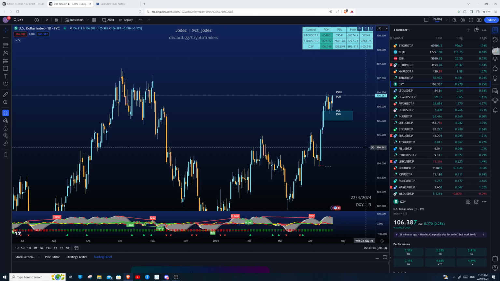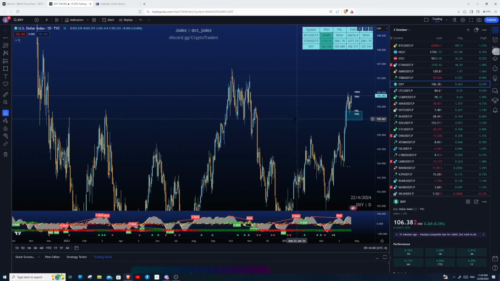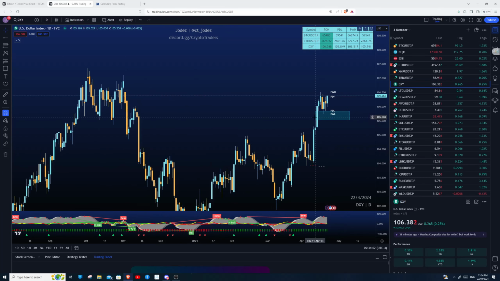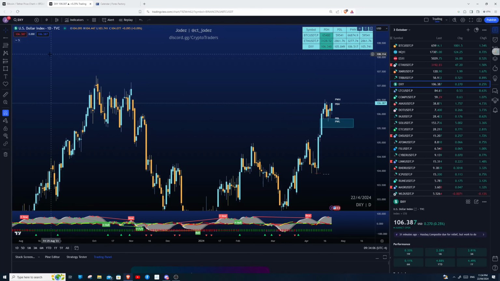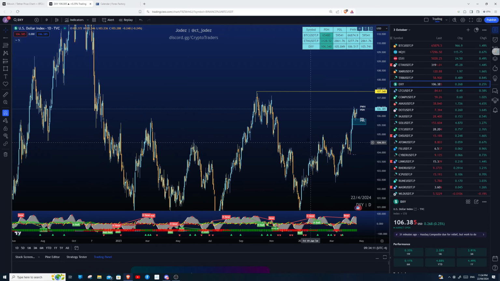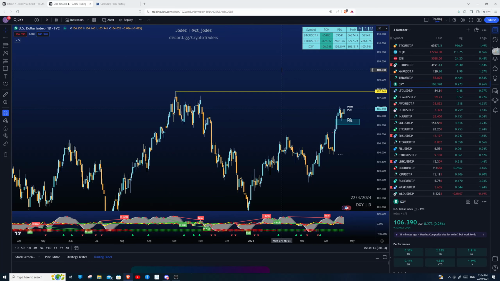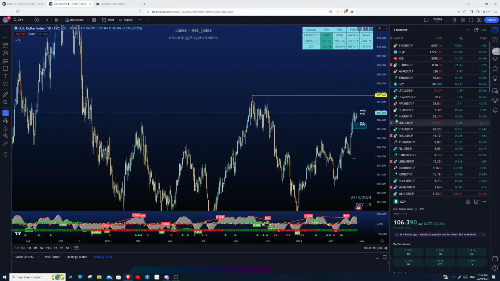But you can see that the past few days both have been going up, so it's not a strict correlation. But this itself is also showing bullish order flow. This daily fair value gap is being respected, so to keep it simple, at a minimum it can go to 107.35.